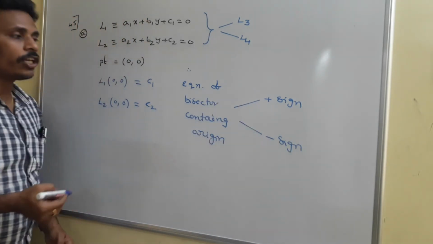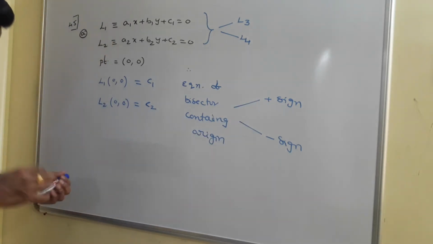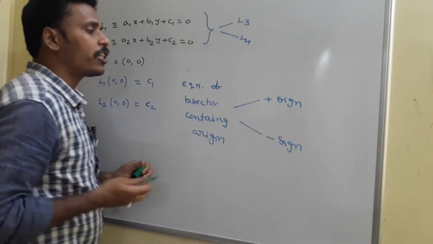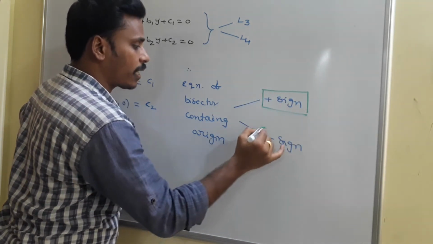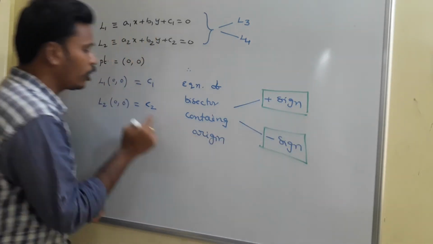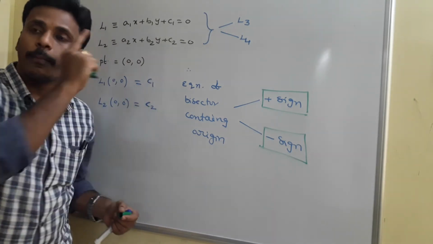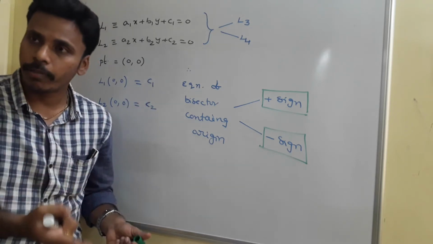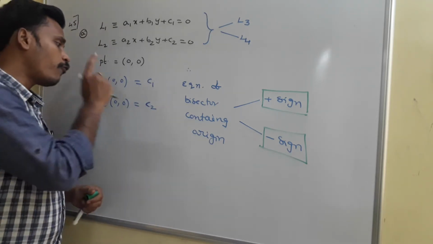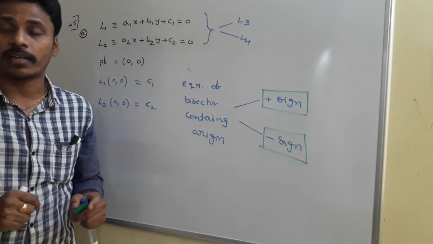Whenever we need to use plus sign and whenever we need to use minus sign, that's what we need to discuss now. As I mentioned in the previous case, plus sign is the required bisector if these two are of the same sign. If both are positive, plus sign is the required bisector. If both are negative, plus sign is the required bisector. If one is positive and the other is negative, then minus sign is the required bisector.